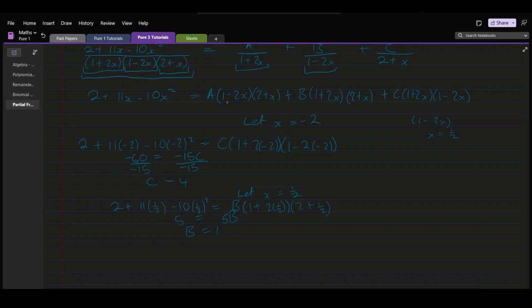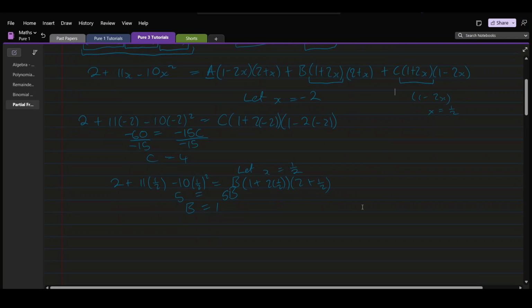Okay, so now we want to evaluate a. For that to happen, we need to find the value of x that will get rid of this bracket 1 plus 2x. That's the only bracket that doesn't affect a, and that bracket affects both b and c. So for 1 plus 2x to be equal to 0, x must be equal to -1 over 2.